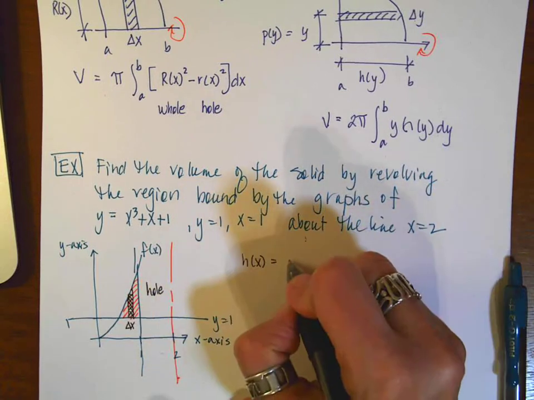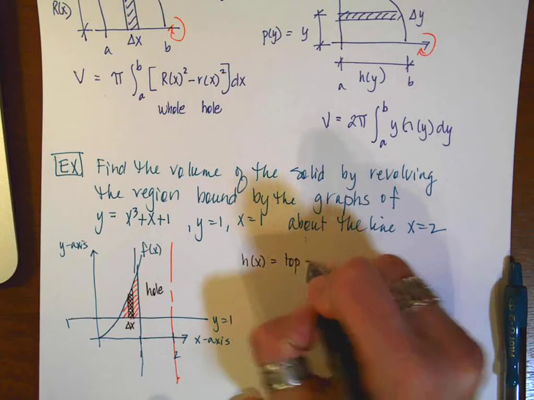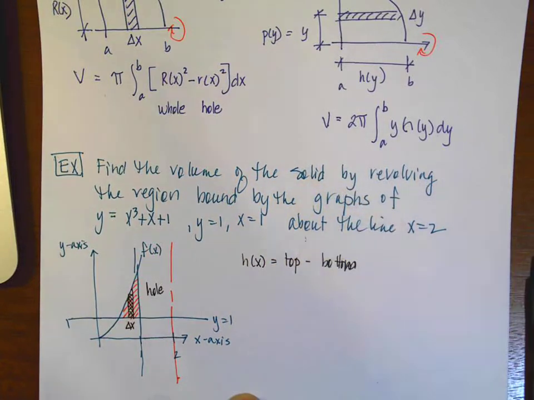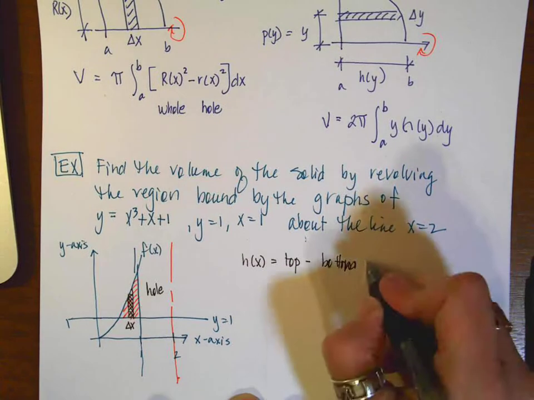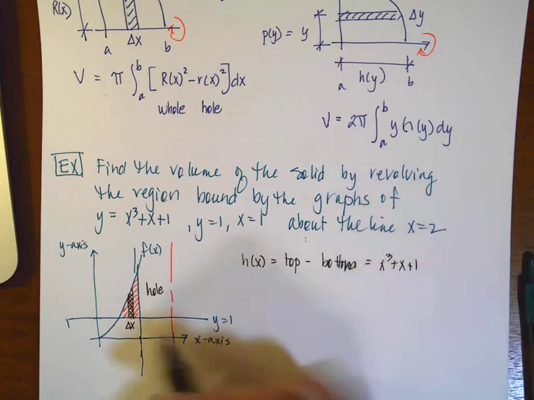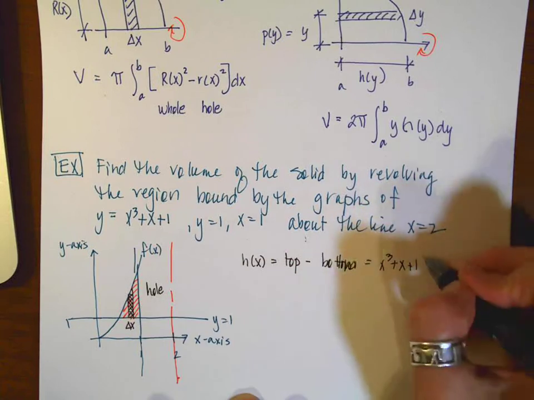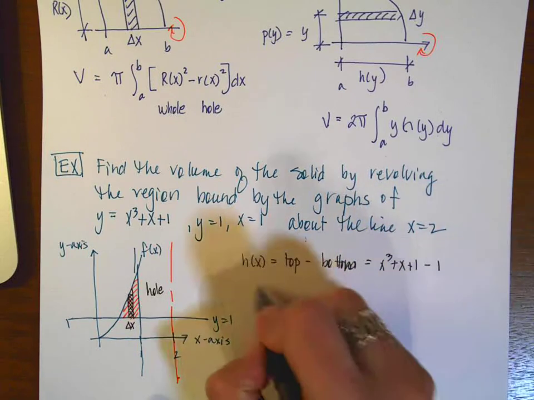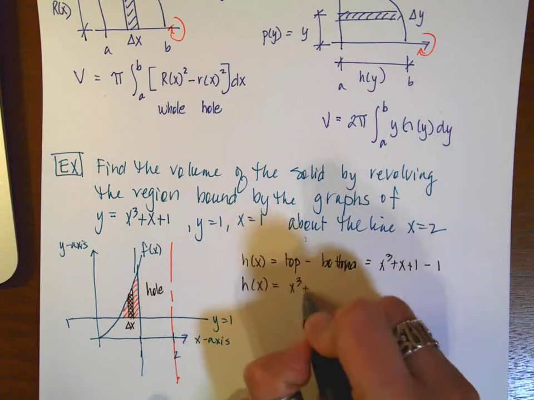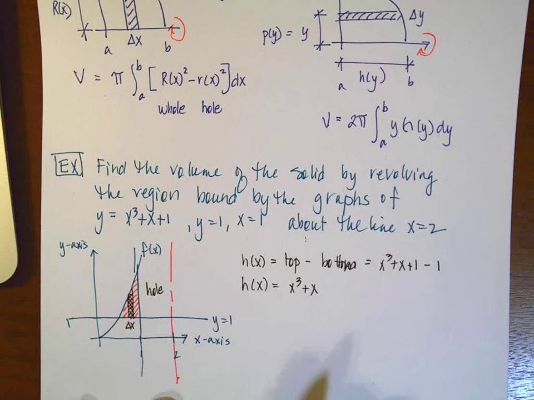So my h of x is going to be the height of the rectangle, and it is going to be the top minus the bottom. Oops, except bottom has an m in it and not a w. And that's going to be the x cubed plus x plus 1, and then my bottom is the minus 1. So that means that my h of x is going to be x cubed plus x, okay?